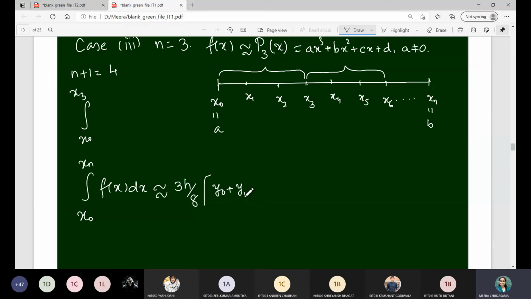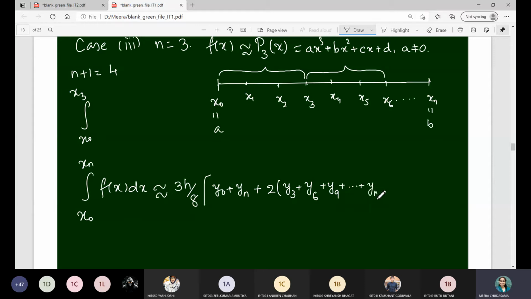y0 plus yn as usual, as in the previous methods as well, the sum of extreme values, plus in this case you have to consider twice the sum of y values having suffixes as multiples of 3. That means y6, the next multiple will be 9 and so on.